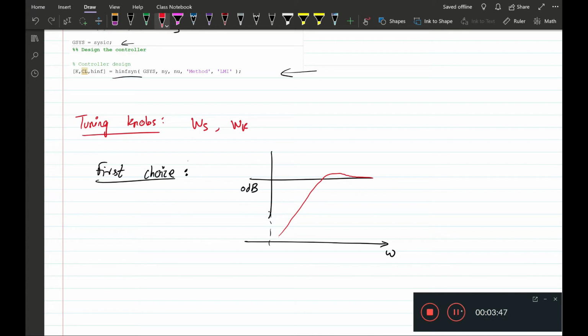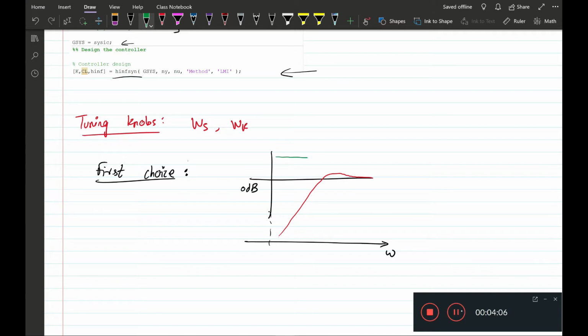So we look at WS as sort of a weighting on the frequencies. Because we want in the lower frequency range a low value of S, we put a high cost on it.